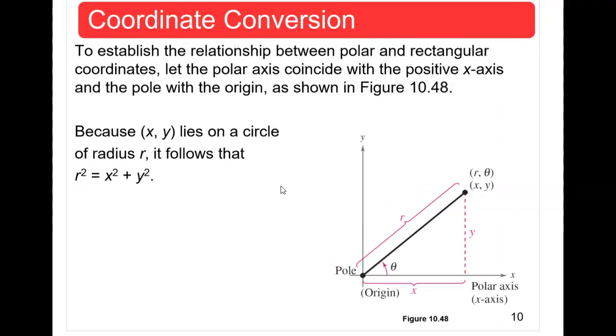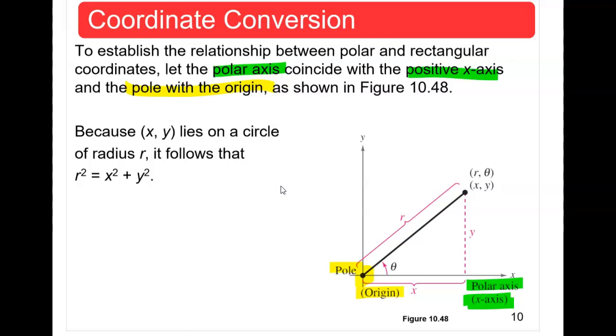I don't think I should, but they are located exactly at the same place. And the pole is going to be the origin. We already discussed that. So polar axis, positive x-axis, and the pole is the origin. They coincide. Not that they are the same, but they are located at the same exact place.